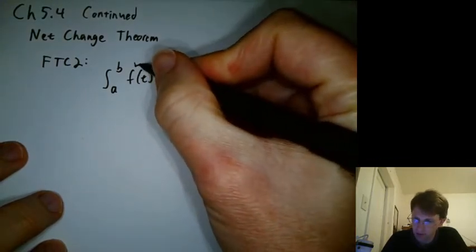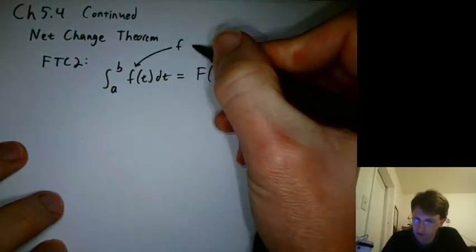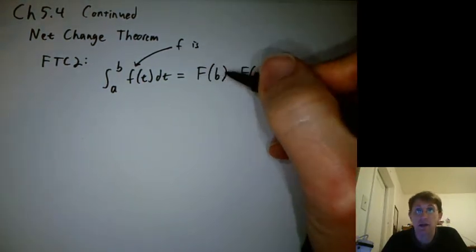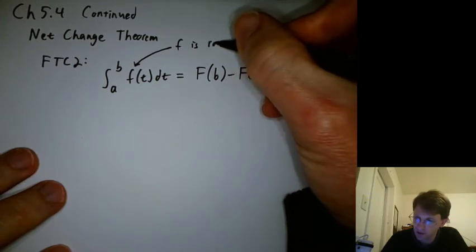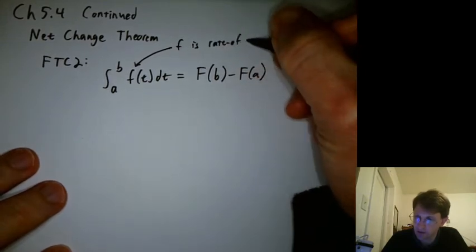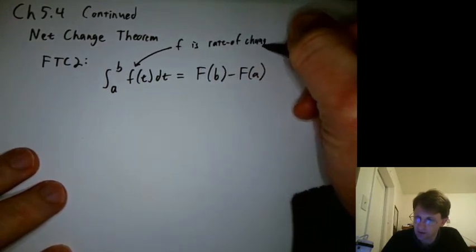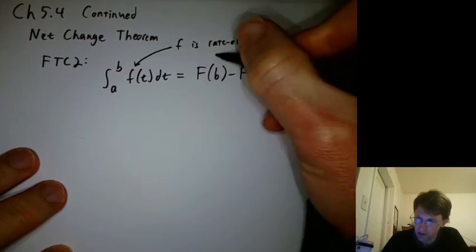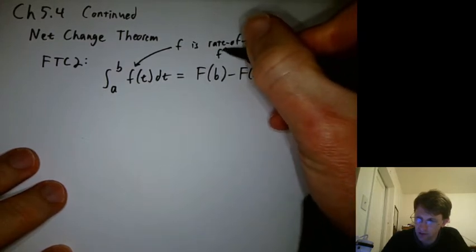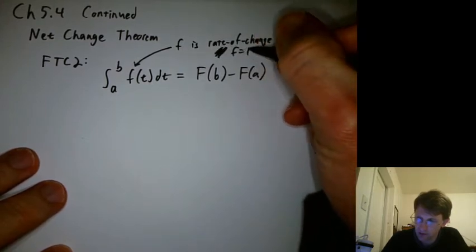And let's remember that little f here is the rate of change of big F, because big F is an antiderivative of little f. So little f is the rate of change of big F, or you could say little f equals big F prime.